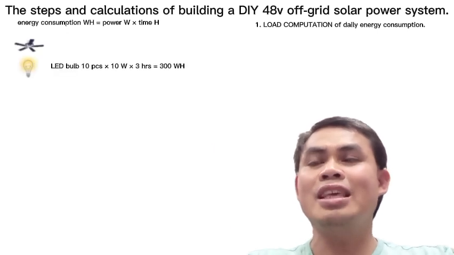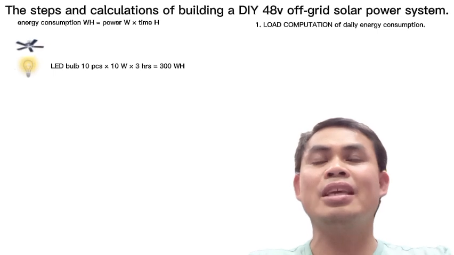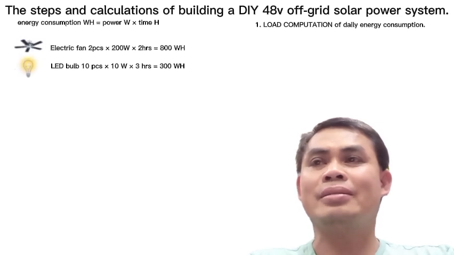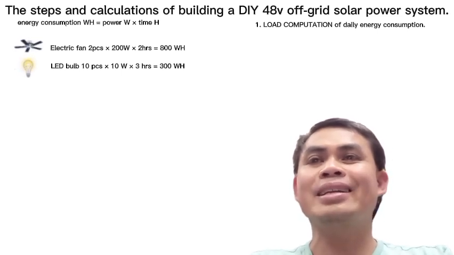Example: LED bulb, 10 pieces times 10 watts times 3 hours used is equal to 300 watt-hours. Electric fan, 2 pieces times 200 watts times 2 hours is equal to 800 watt-hours.